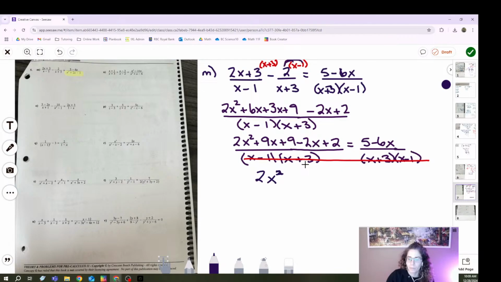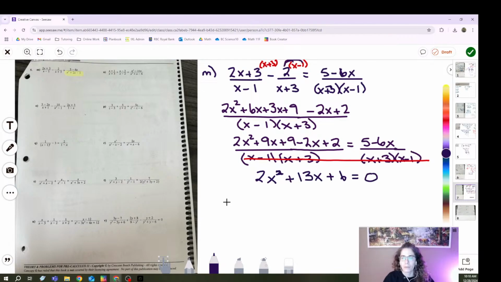Now, can we factor this? Let's try a couple combinations. What are we going to put down our first column? Okay. What about our next column?